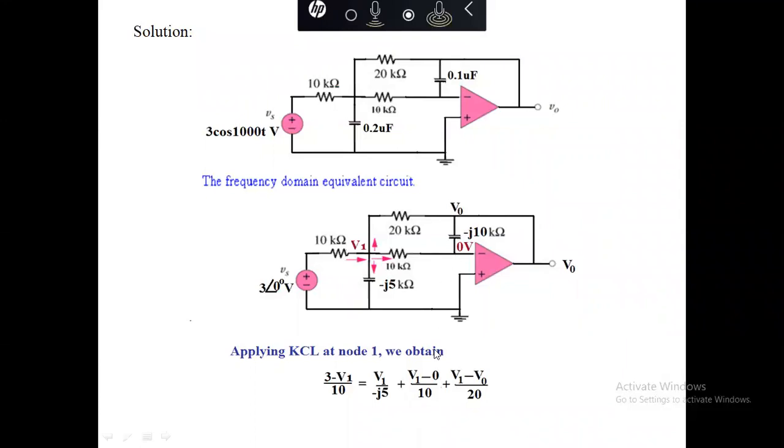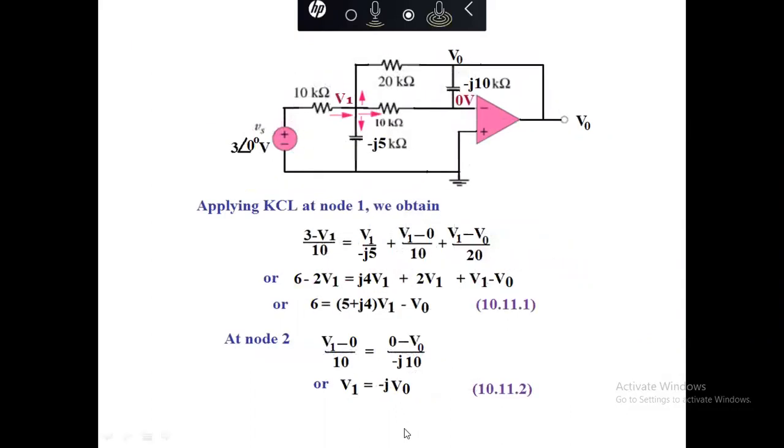So we have V1 minus 0 by 10K, and we have the output potential at this point, Vout. So we take (V1 minus Vout) by 20 here. So this is the nodal analysis at node 1.